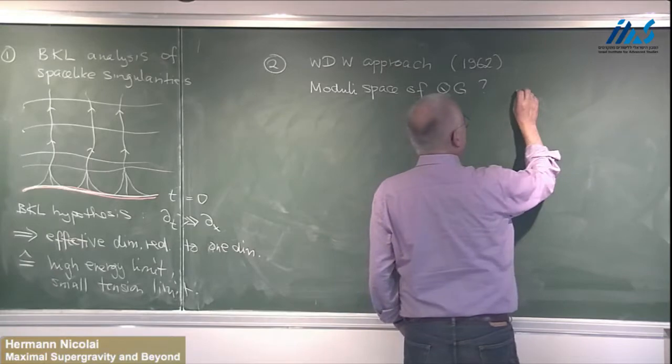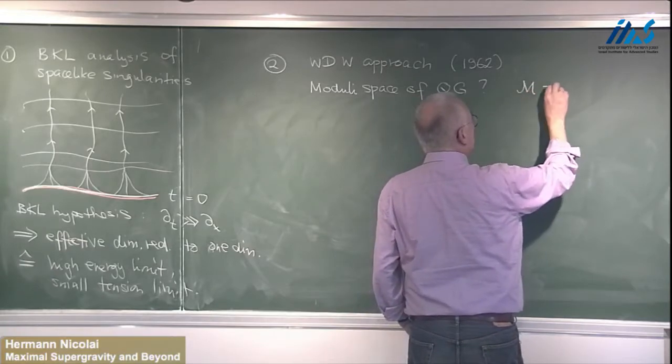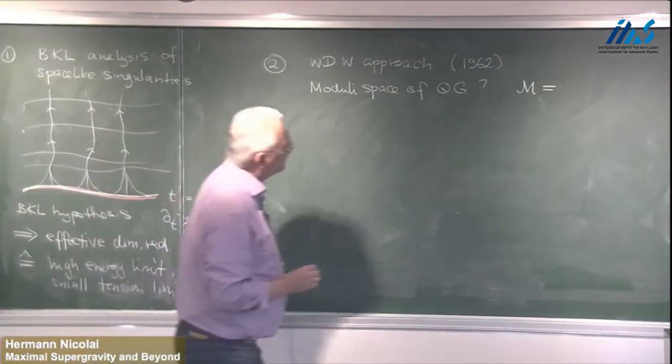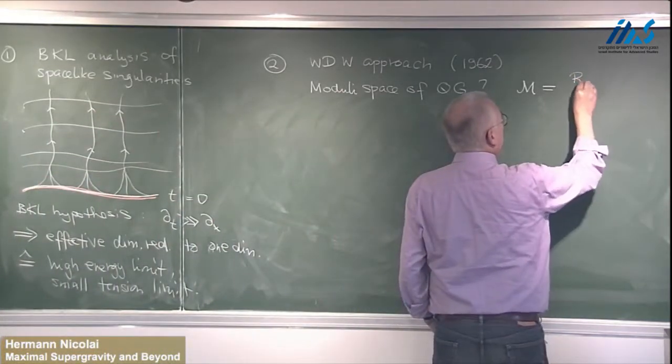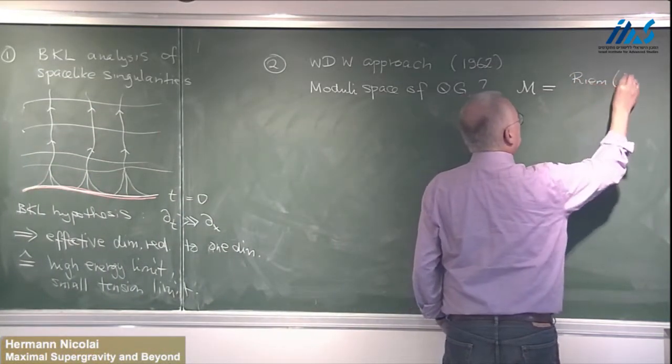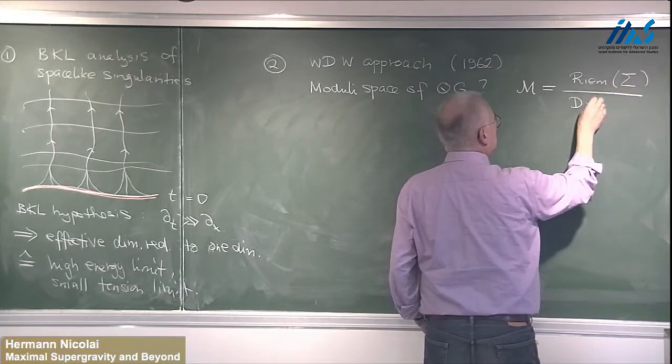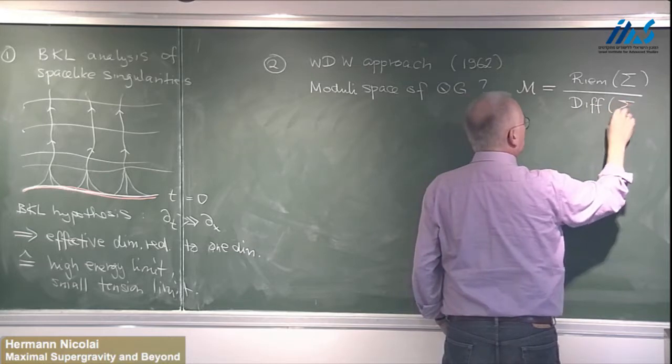He hypothesized that this is some very complicated space, namely the space of Riemannian spatial metrics divided by the diffeomorphism group.